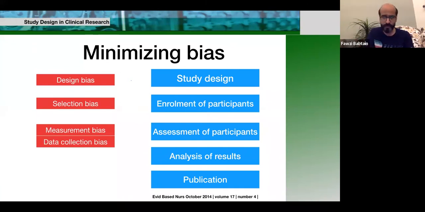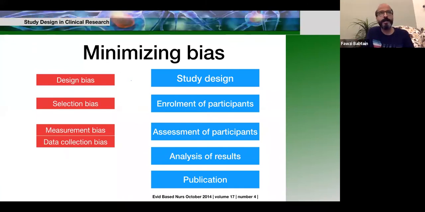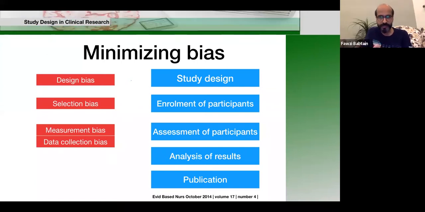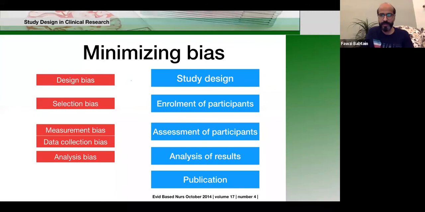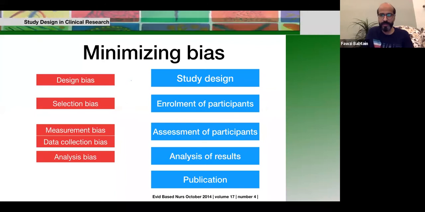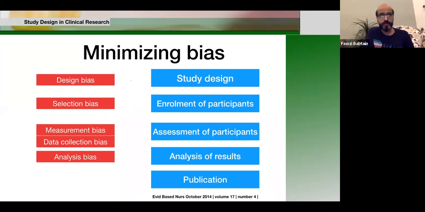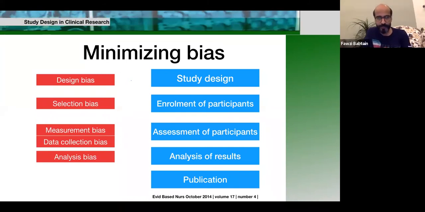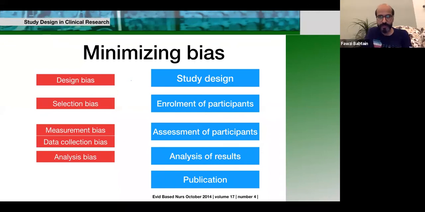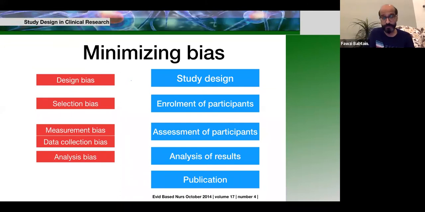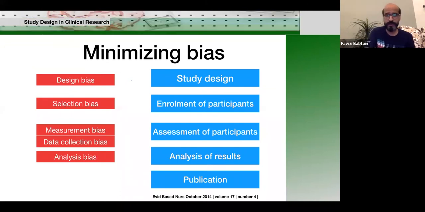Sometimes data collection bias. When I collect the data, I overestimate findings on those whom I want to overestimate. For the analysis of the results, there's sometimes analysis bias. You really overestimate the effect in the exposed people, for example. Sometimes, unintentionally, you may be a victim of analysis bias.